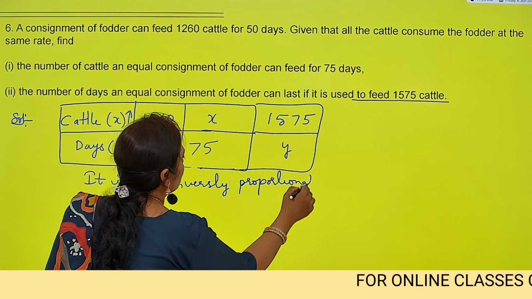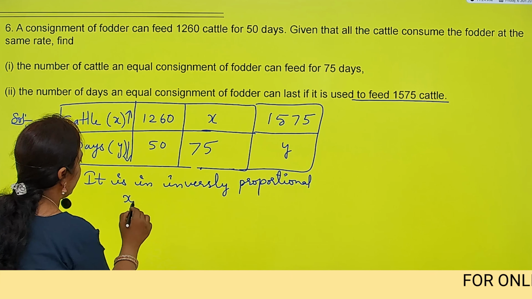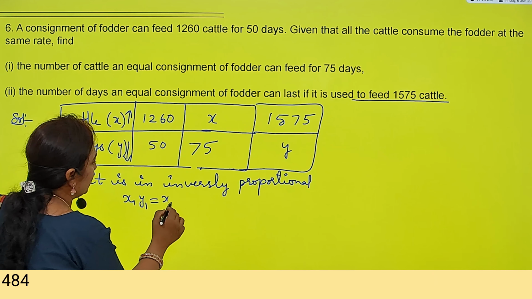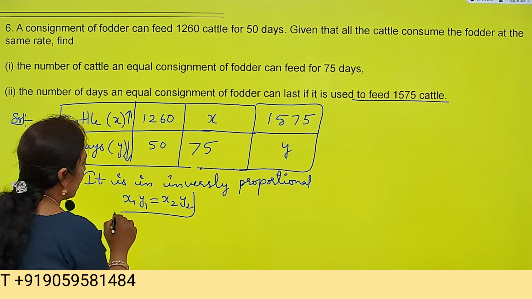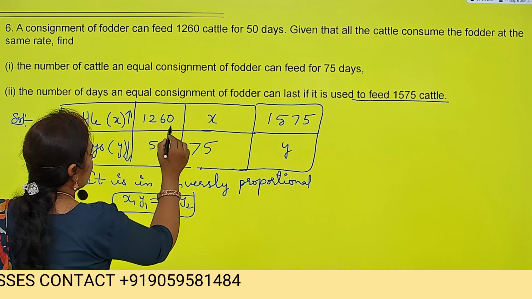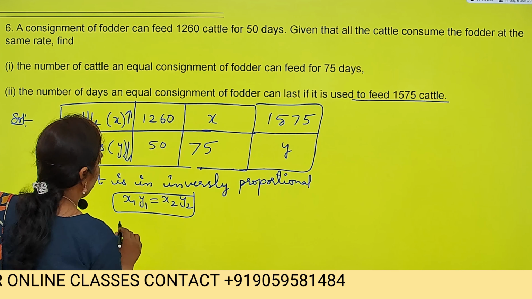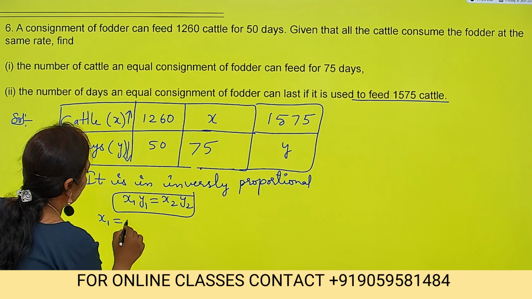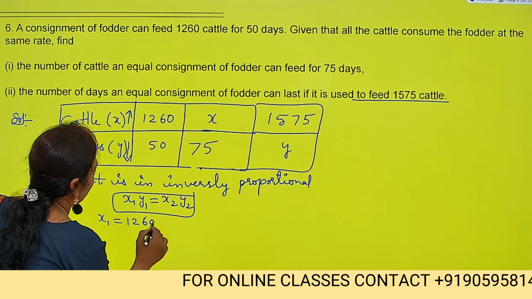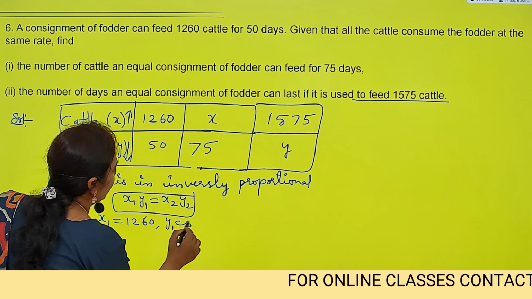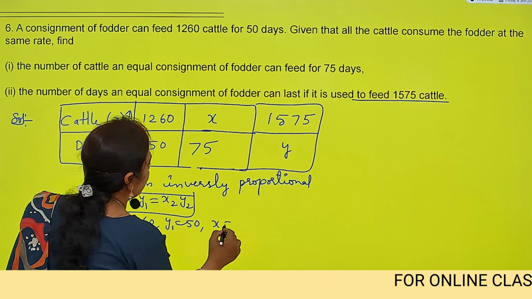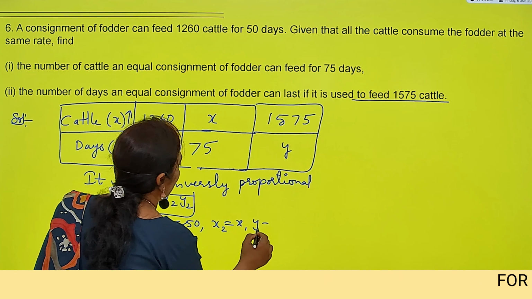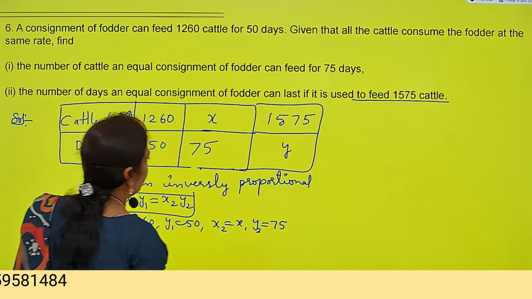Inversely proportional means the relation is x1 y1 equals x2 y2. Let x1 equal 1260, y1 equal 50, x2 equal x, y2 equal 75.